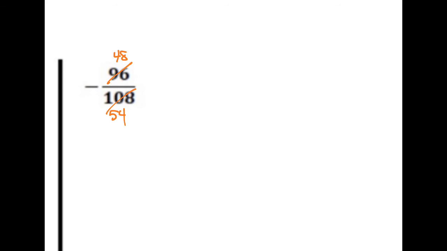Now 48 and 54, if you know your times tables again, is 6s, right? 6 goes into 48, and it also goes into 54. But, again, we're going to assume you don't. Let's just do 2. So 2 goes into 48 24 times, and half of 54 is 27.